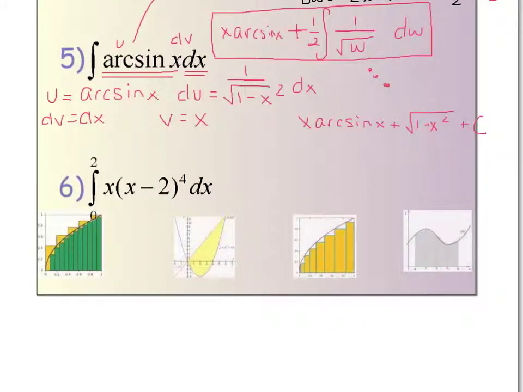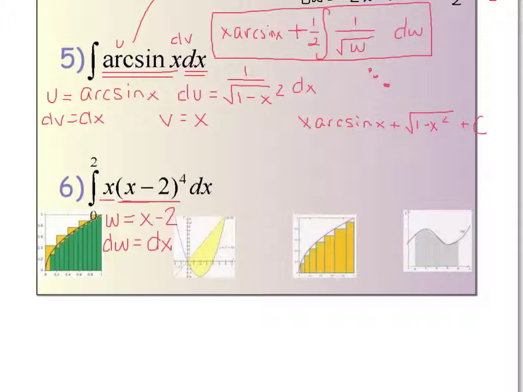So how would you go about doing number 6? Again, is it really a product of dissimilar functions when we have x times x minus 2 all raised to the 4th? I would say probably not. So I would probably let w equal that inner blob of a function, x minus 2. And then dw equals just simply dx.